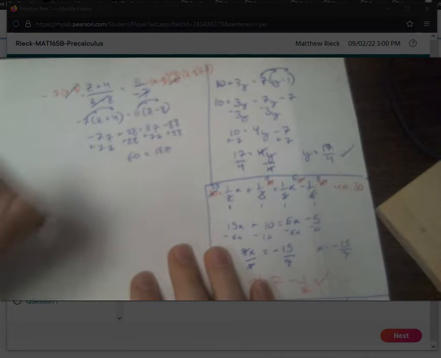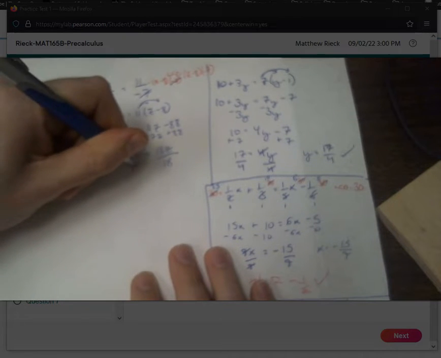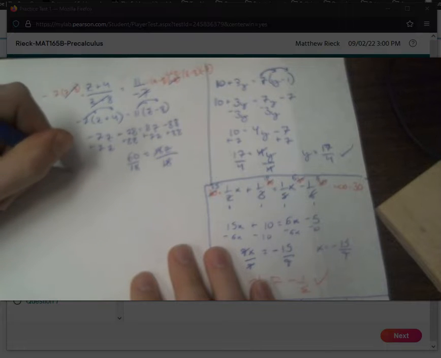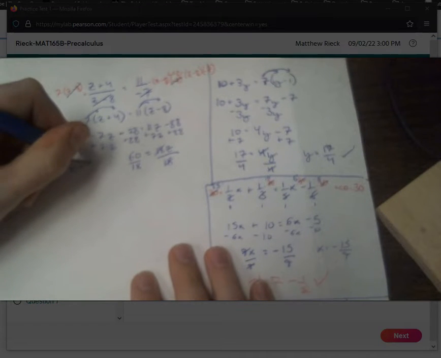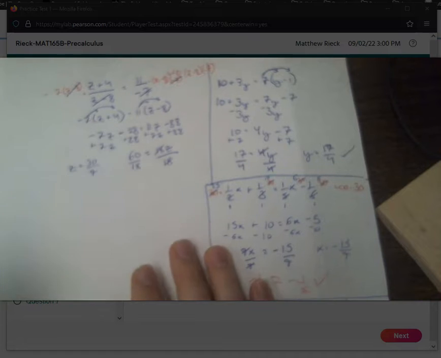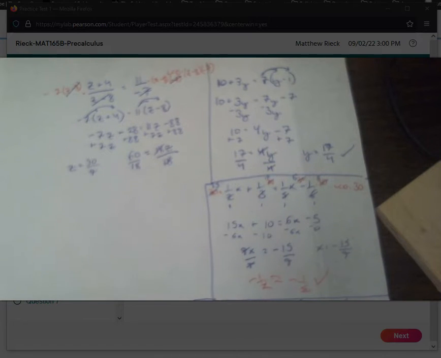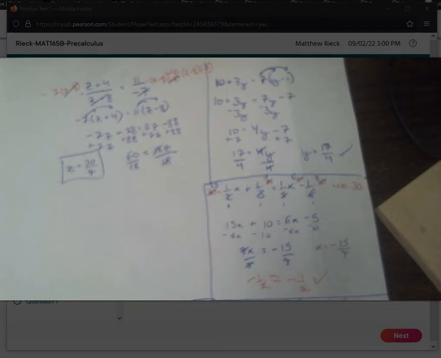So we can divide both sides by 18. With z equals 60 over 18, which we can simplify as 30 over 9. So we can divide the top and bottom by 2. So that is what the answer should be there.